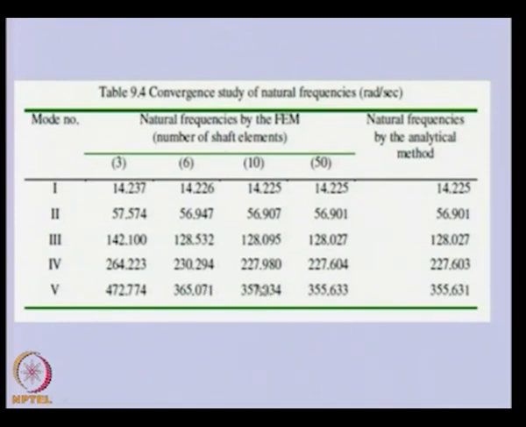That means 10 elements is still giving a better natural frequency calculation for the 5th mode, and even for the 4th there is a slight difference. Generally we will find that if we take a larger number of elements, the natural frequencies we get will be more accurate.